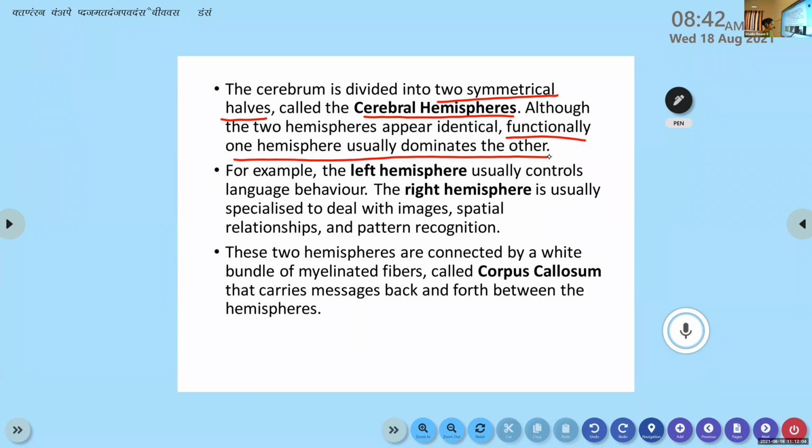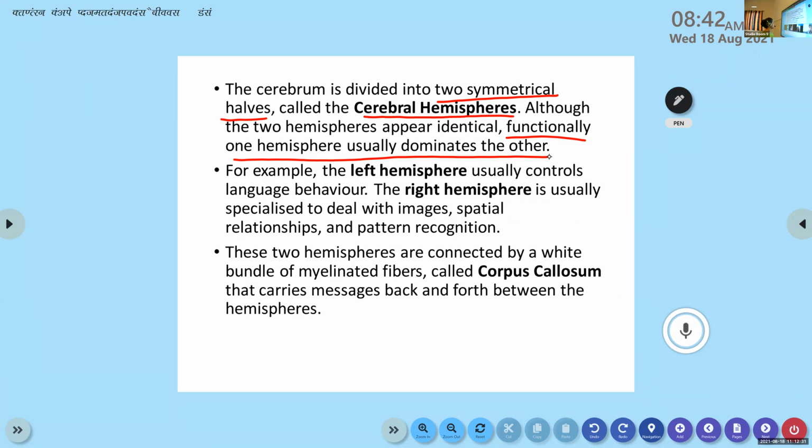It is a general fact that one hemisphere of our brain, either the right or the left, will be dominating the other in function. The structure might be more or less the same, but the dominance of functions might differ.